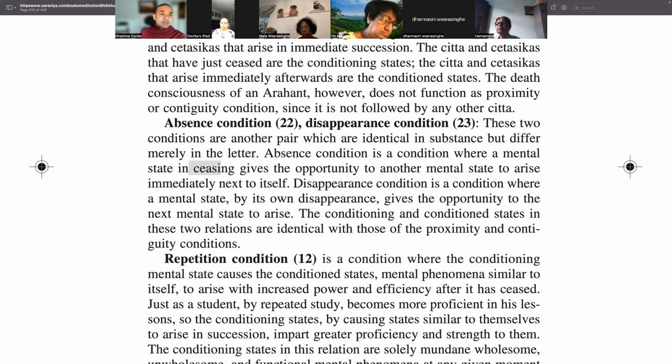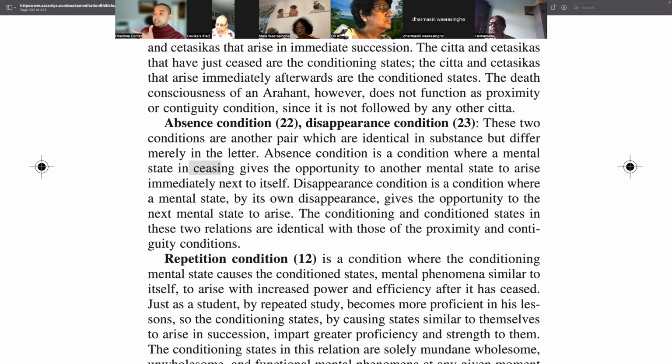Well, it makes sense, surely. Now, if we look at it, where else do we have four? We have proximity cause, decisive condition. We have continuity. We have proximity. We have absence and disappearance. That is all we have with regards to proximity. In essence of proximity, we speak about anantara, proximate to these consciousnesses and mental factors, 89 chittas, 52 chetasikas, except the arahanta's death consciousness; the 89 chittas and 52 chetasikas can arise.